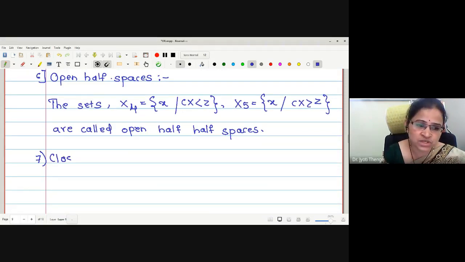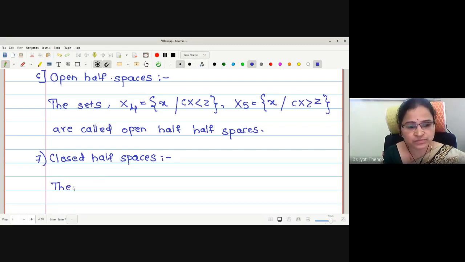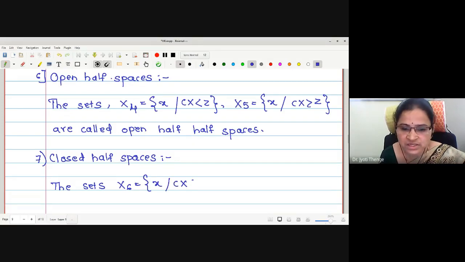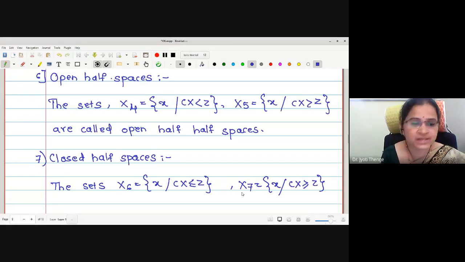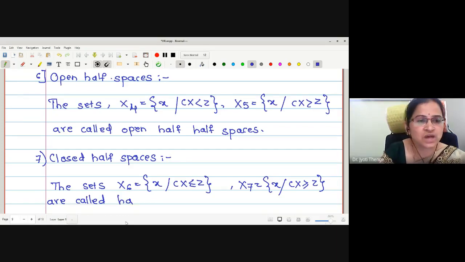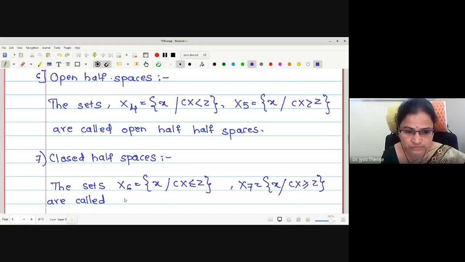Next, we will write closed half spaces. Therefore, one can write the sets X6, the collection of all x such that Cx is less than or equal to z, and X7, the collection of all x such that Cx is greater than or equal to z. These are called closed half spaces.